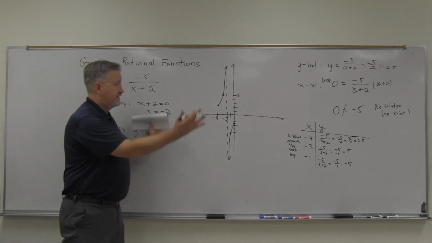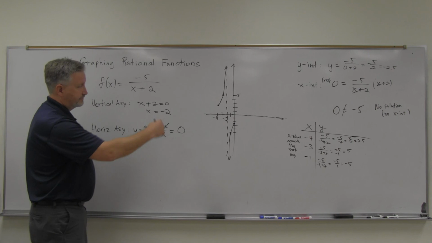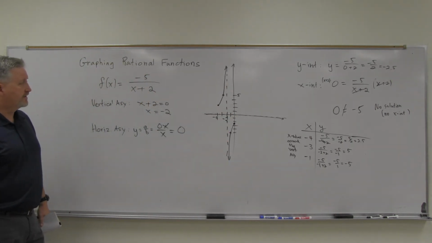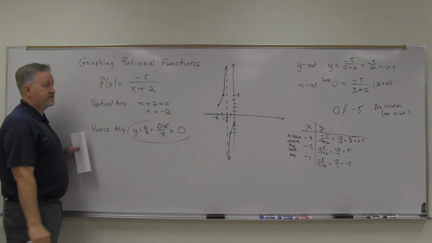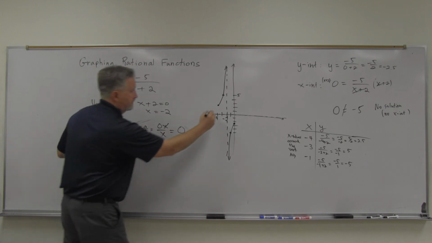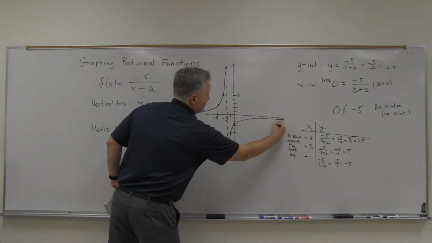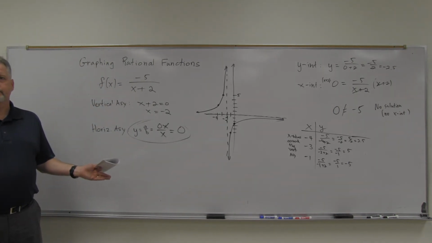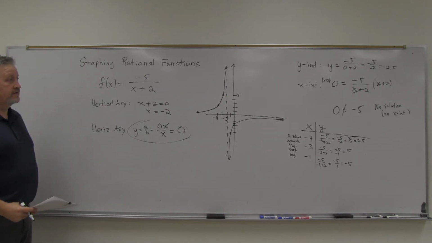Well, the rest of the graph is sort of the end behavior, because this pretty much tells us what's going on in the middle here. The end behavior gives us what happens on the ends. It's got to level off at 0, so it's going to swoop down to 0 here, and then swoop up to 0 there. Good? Questions? Good with that? Anything further?